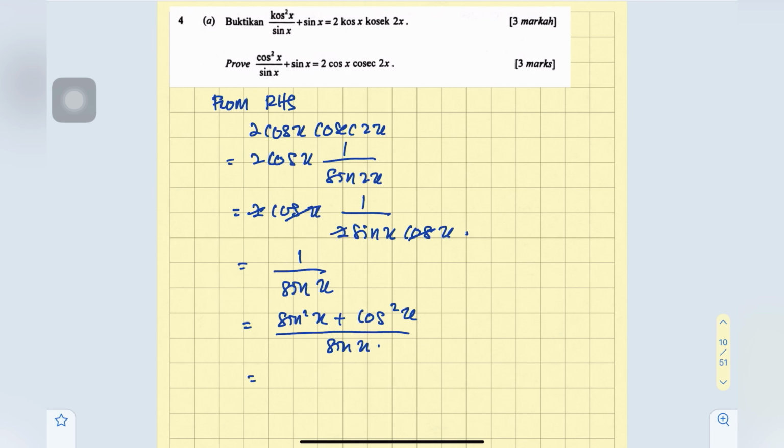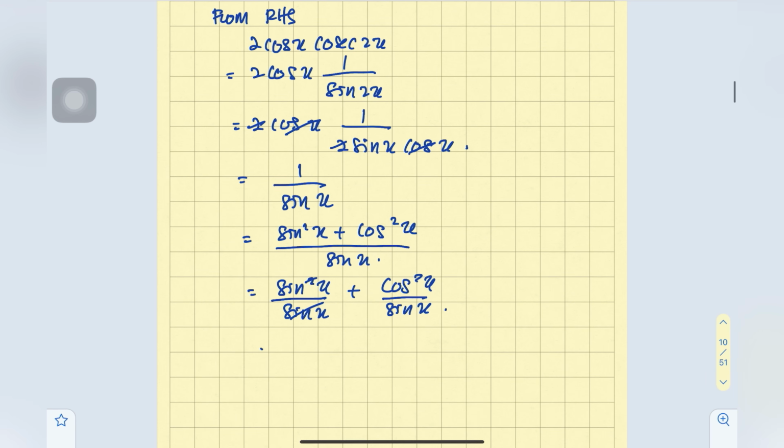Then we can simplify: sin squared x over sin x plus cos squared x over sin x. Then we can rearrange, so this one equals cos squared x over sin x plus sin x. This equals the left hand side, so then proven.